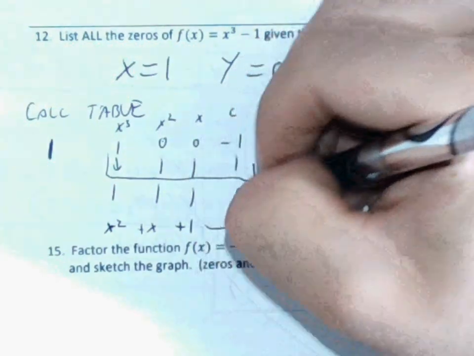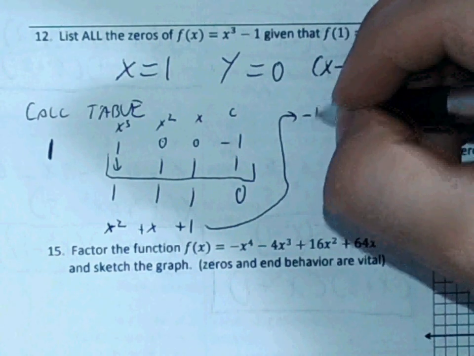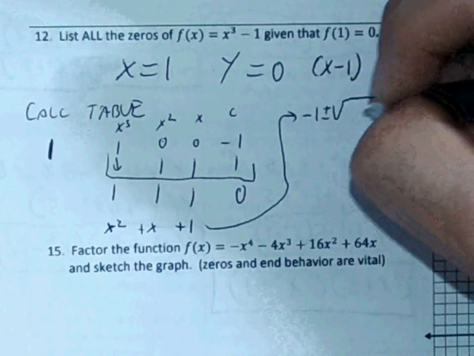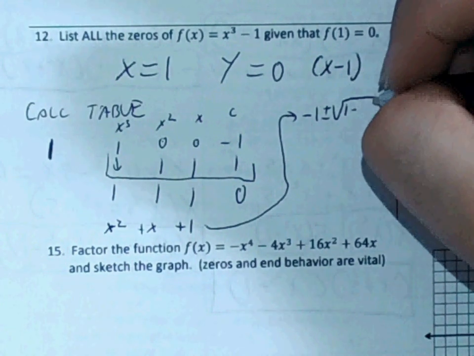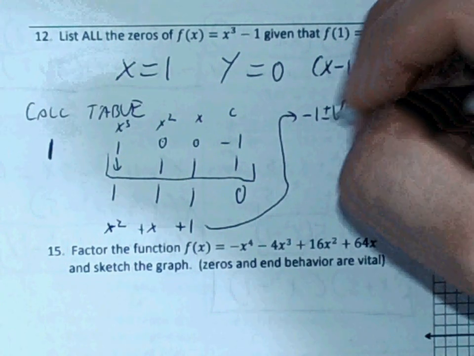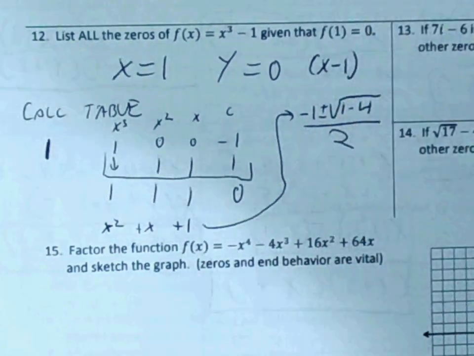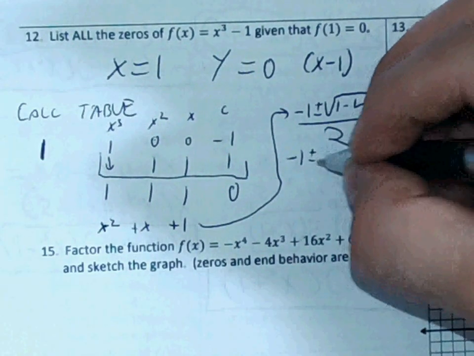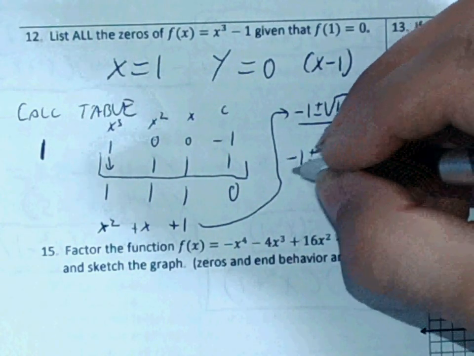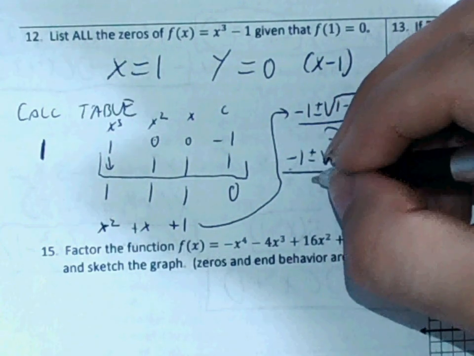So that'll be negative 1 plus or minus the square root of 1 squared minus 4 times 1 times 1, so 1 minus 4, all over 2 times 1, so all over 2. So it'll be negative 1 plus or minus the square root of negative 3, all over 2.